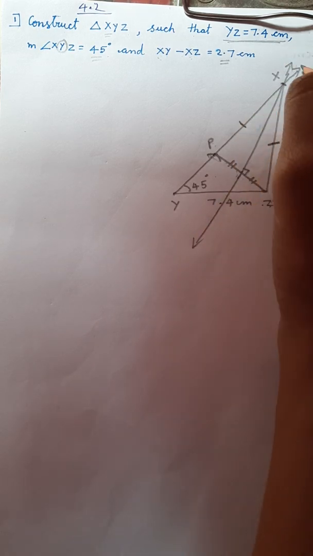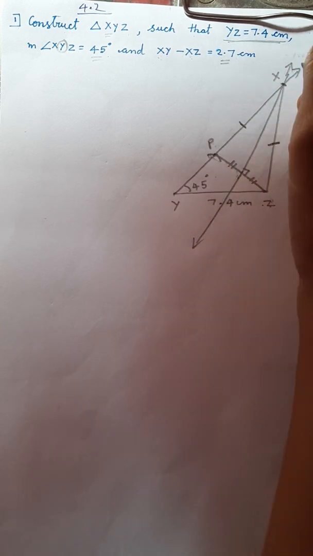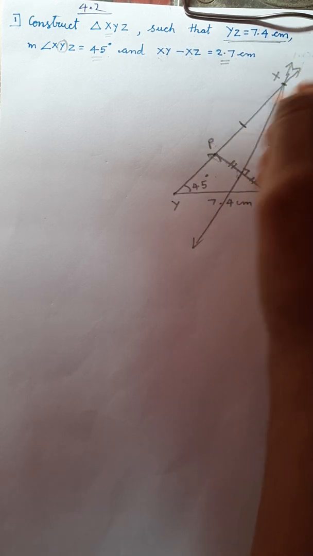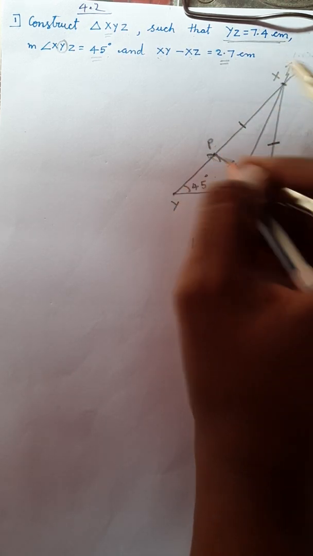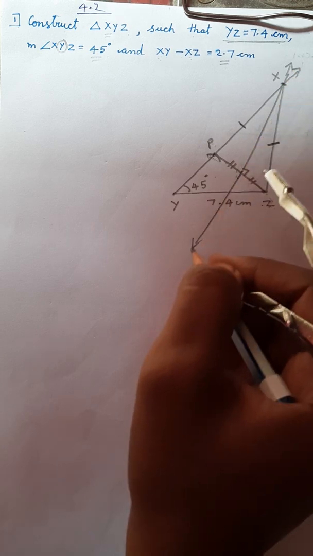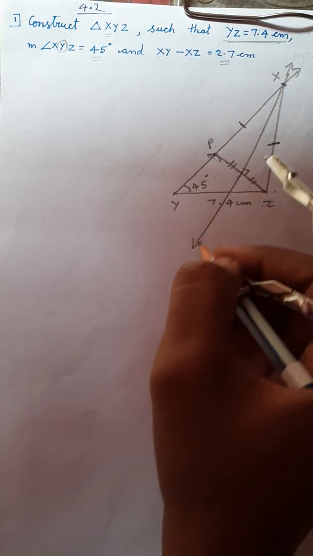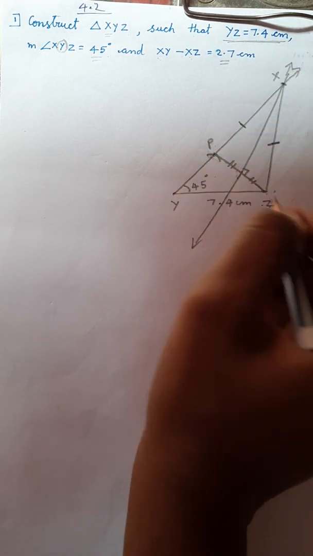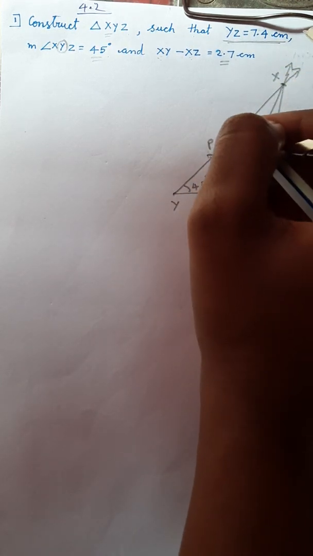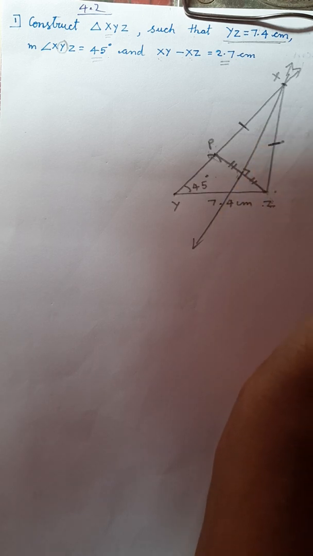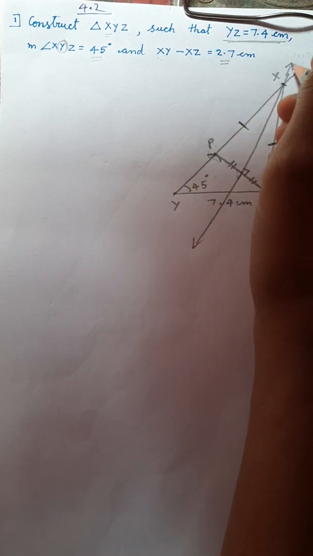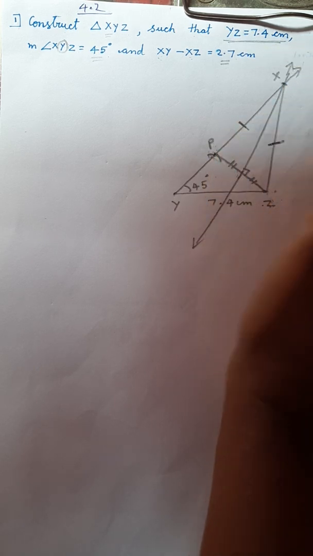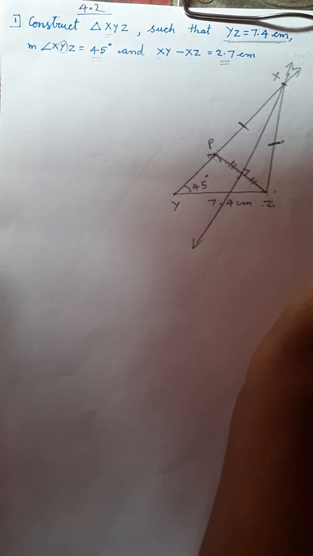On the perpendicular bisector, any point on the bisector, the lines drawn from that point to the end points are equal. X is a point on the bisector, and the lines drawn from there to the end points are of equal measure. The lines drawn from a point on the bisector are equidistant from the end points. This is the property or theorem we can say.